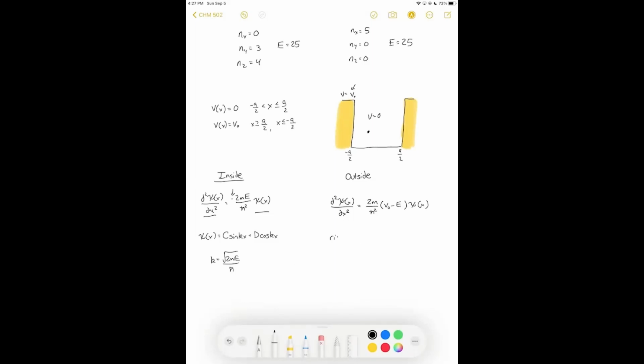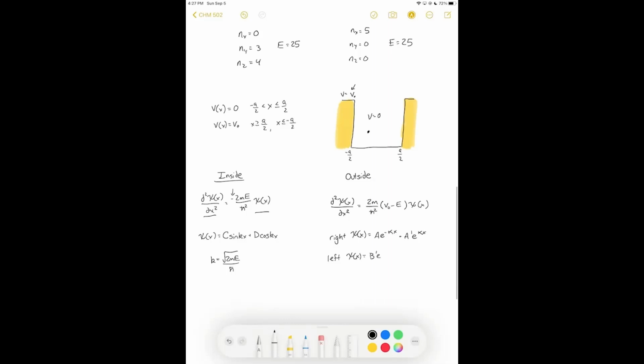So on the right side of the box, our wave function takes the solution that is the sum of two exponential functions. So it's A e to the minus kappa x plus what we'll call A prime e to the kappa x. And then on the left side, we'll go ahead and write basically the same solution, but we use a B constant.